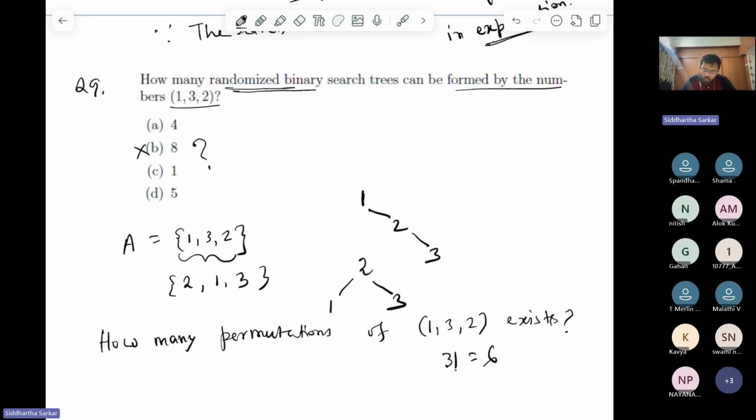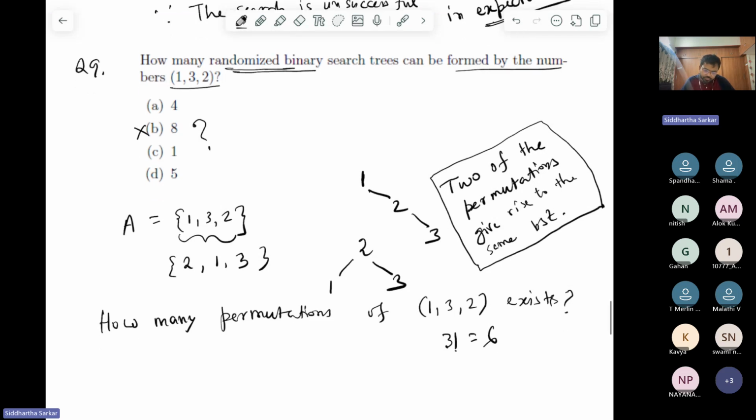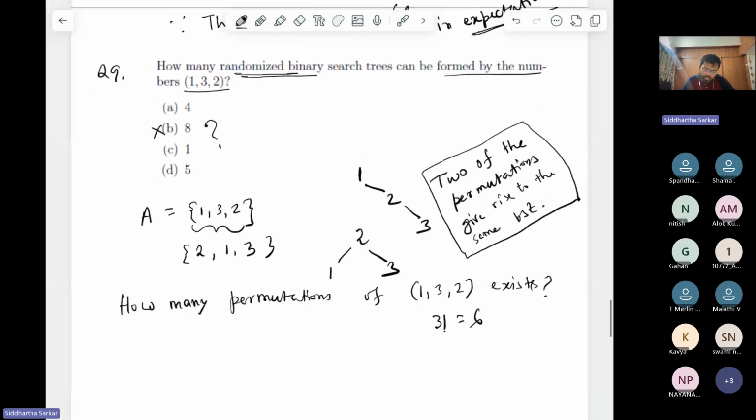So it can happen that two of the permutations give rise to the same binary search tree. That can happen. Is it 5? Yes, it is 5. So we have to identify which two permutations give rise to the same BST.